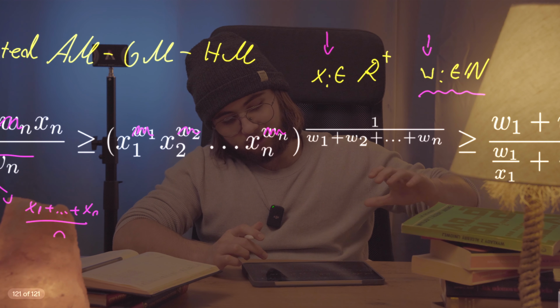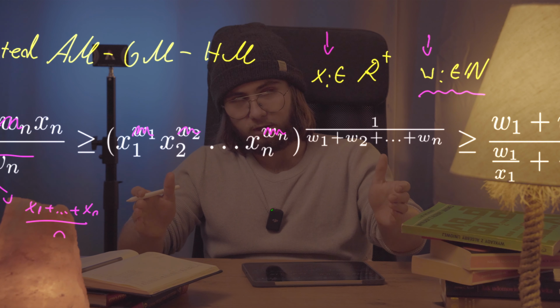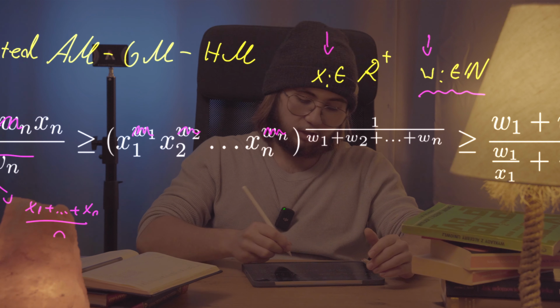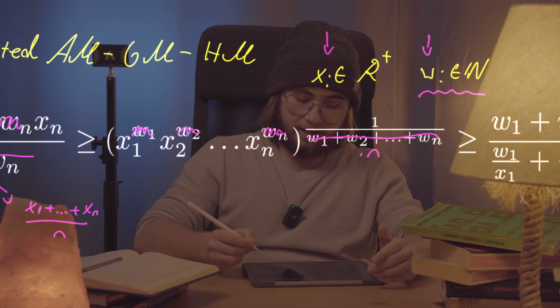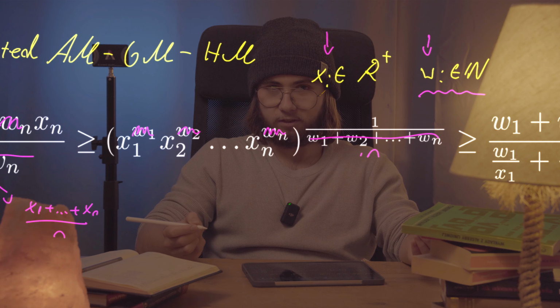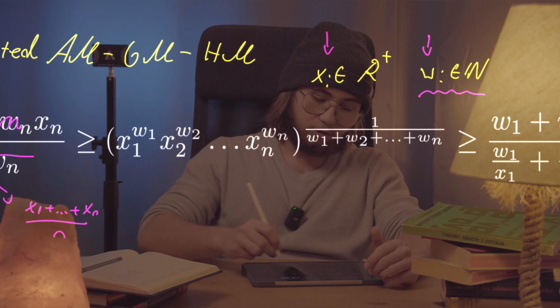Then I'm raising that to the power of the reciprocal of the sum of all the weights, but the sum of all the weights is just n, because there are n weights, and each of those is equal to 1. So it's going to be the power of 1 over n, the 1 over nth power of the product of all of the x's. That's just the nth root of the product of the x's. That's just the geometric mean.